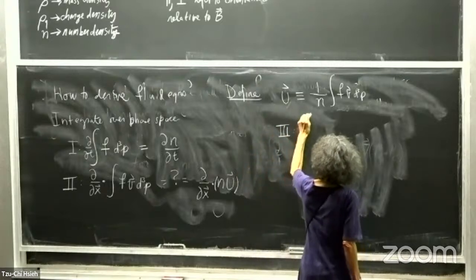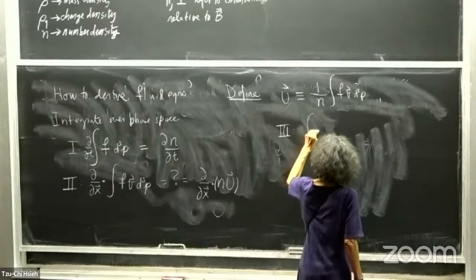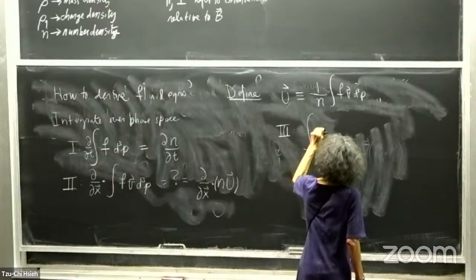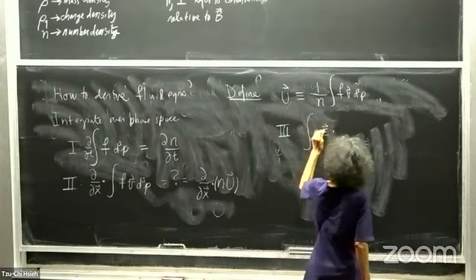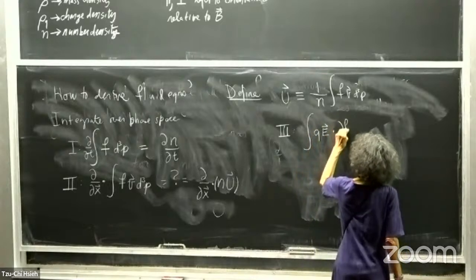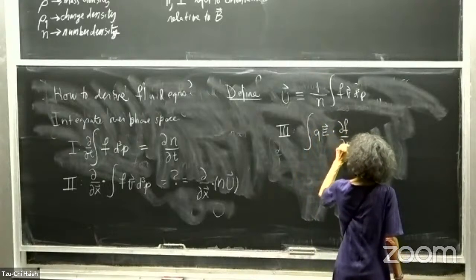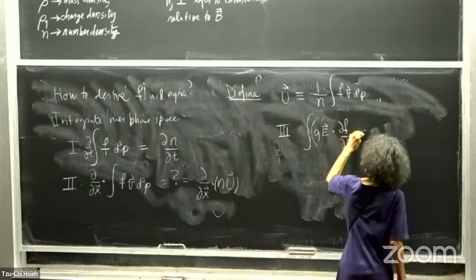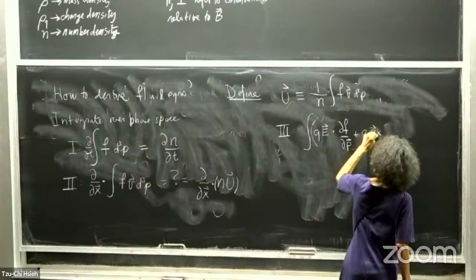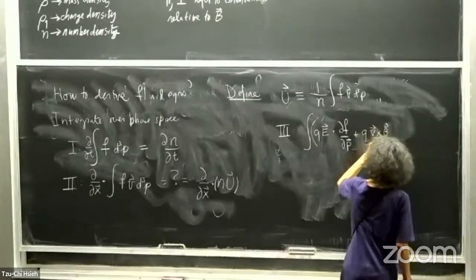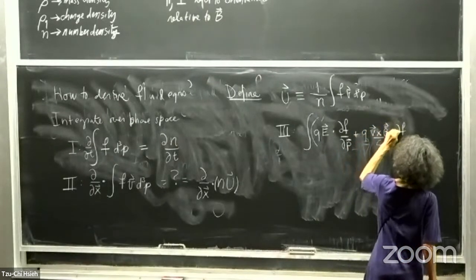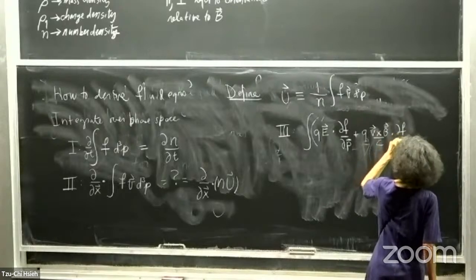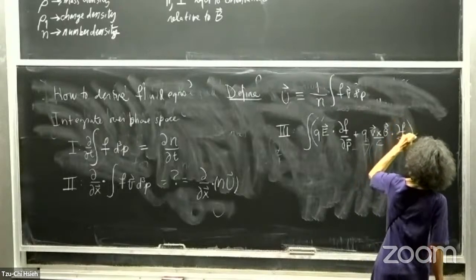So now we have the integral of qE dot df dp plus q of v cross B over c dot df dp, d3p.